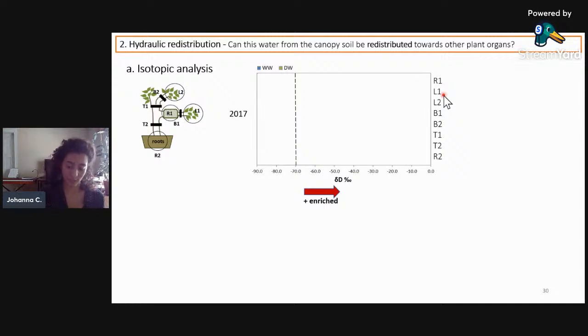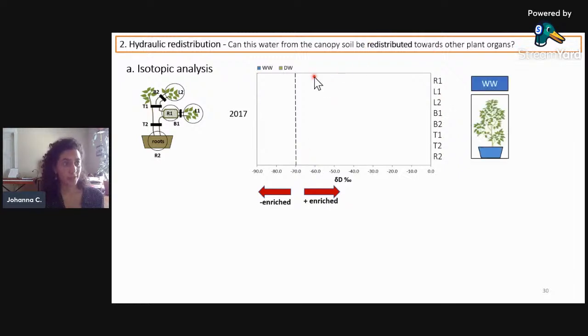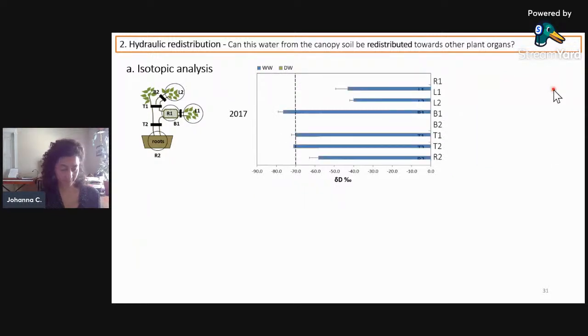Everything that is less enriched will be to the left side of that -70. And just remember, WW were the control plants and DW are the green plants that are with the canopy soil. So I'm going to show you first the control plants.